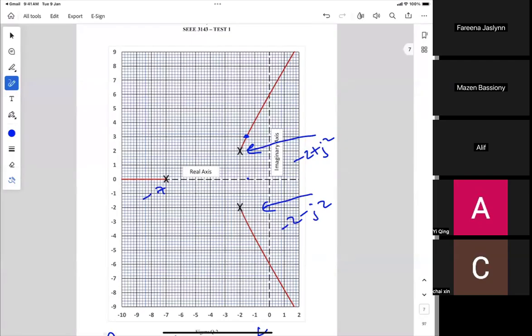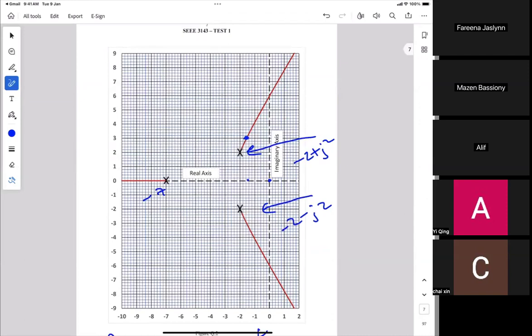Okay, something like that. Do you have a ruler? Okay, so I'm using my ruler. Can you see my ruler, guys? Yes, doctor.